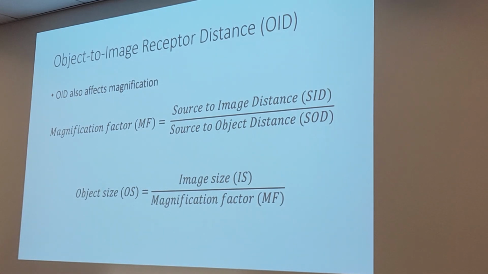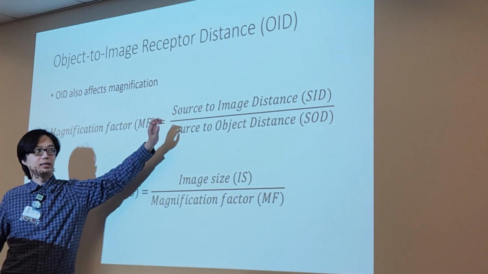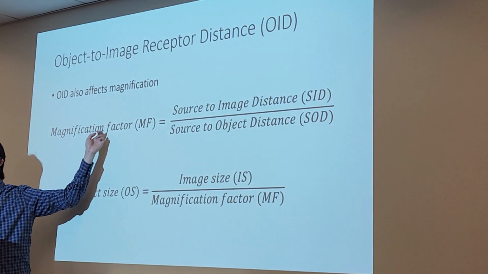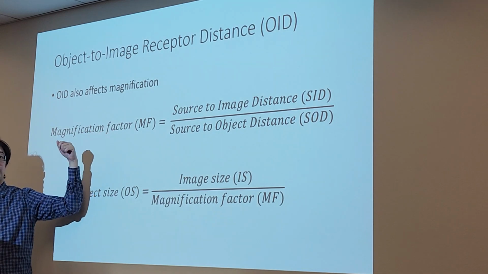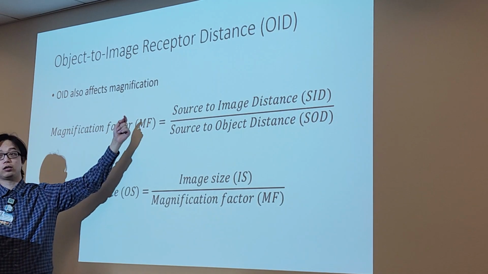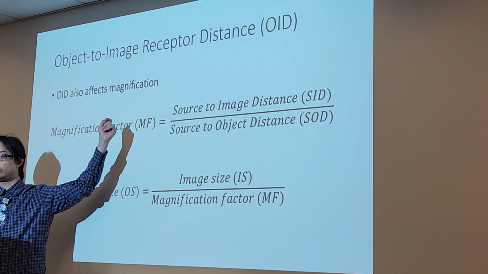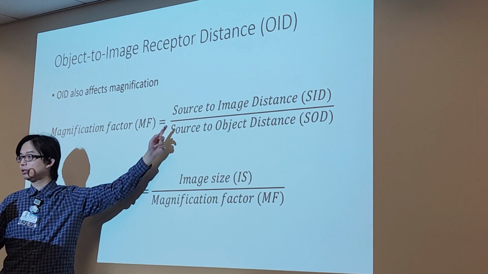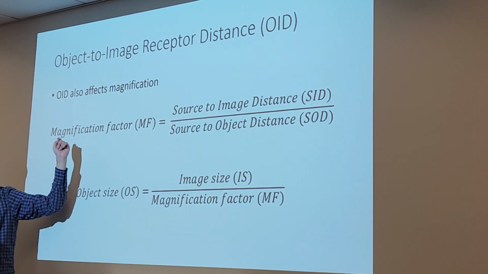I have a question. On the test, are you going to give us the image size, and we have to figure it out? Right. I could, for example, on an exam, give you SID and SOD and ask for magnification factor. I could give you SID and OID, and you first need to calculate the SOD, and then give me the magnification factor.